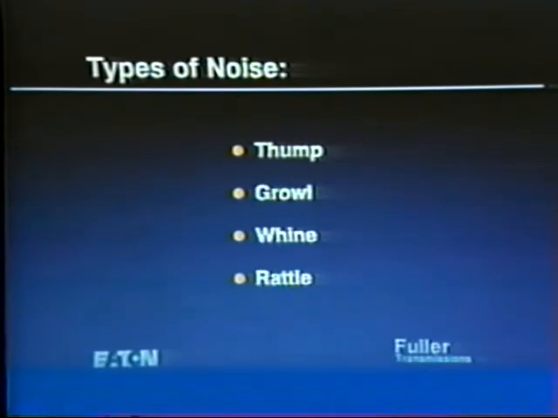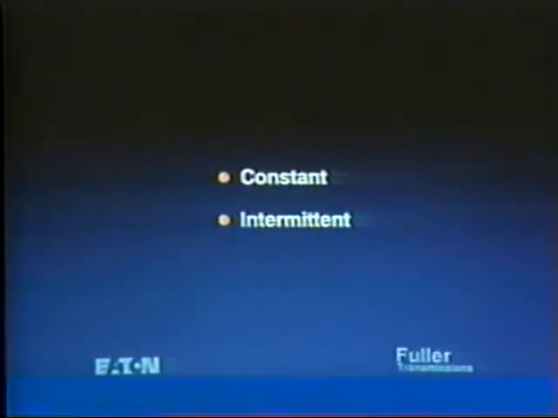For example, if a noise complaint comes in, get a better description of it, or better yet, listen for yourself. Is it a thump, growl, whine, rattle, or other noise described earlier? Noise types will help tell you what type of failure to look for. Noise and vibration should also be identified as either constant or intermittent.